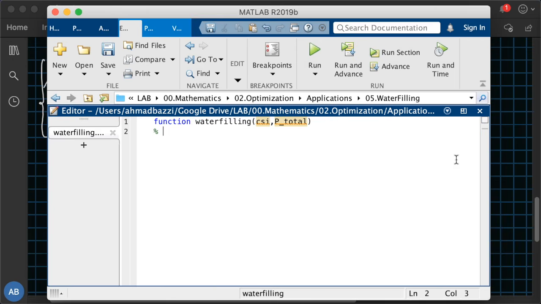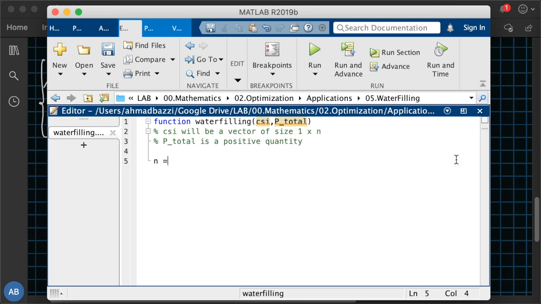Now, CSI will be a vector of size, let's say, 1 by n, right? And P total is a positive quantity.